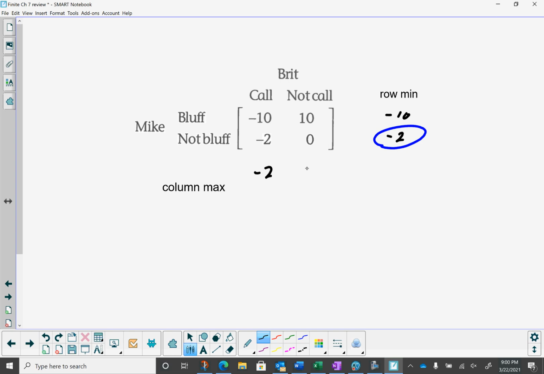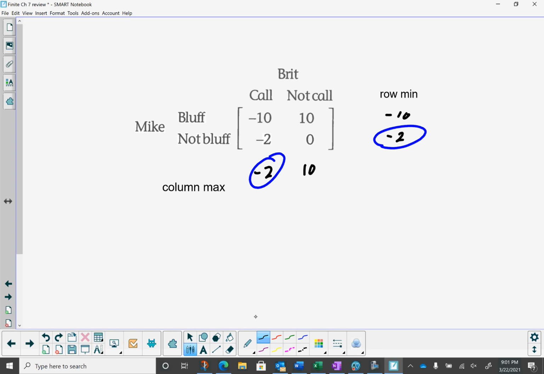So that's -2 here, and that's +10 there. And for the column maximums, we're looking for the minimum value. Oh, would you look at that? This game is strictly determined because the maximin and the minimax are the exact same thing. The saddle point for this matrix is -2.